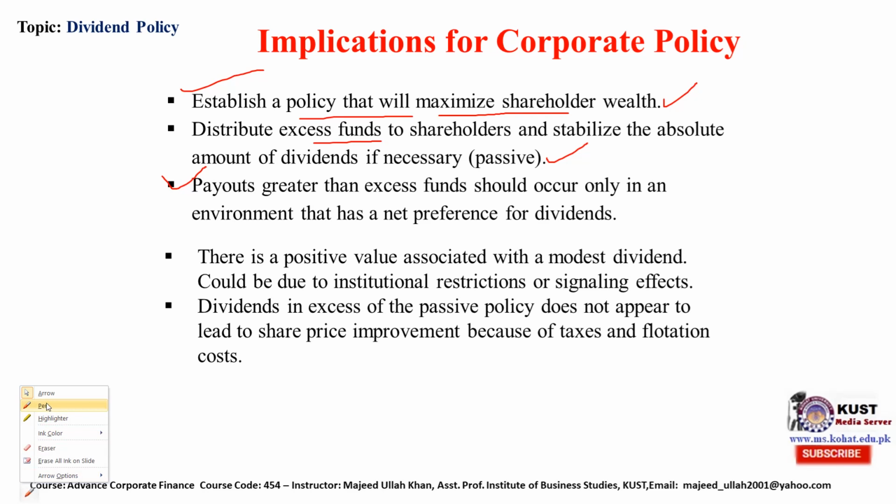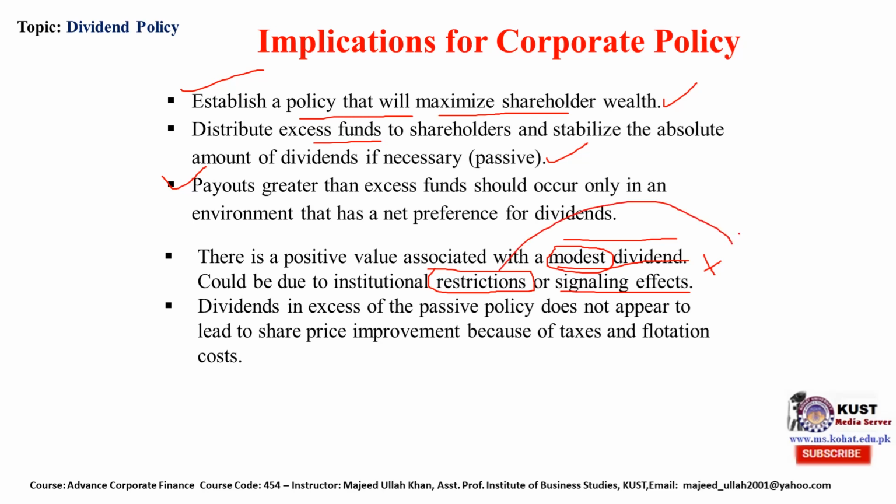Further, there is a positive value associated with modest dividends, meaning higher dividends do not increase value, lower dividends do not increase value, only modest dividends increase the value for the shareholder. This could be due to institutional investors or the signaling effect. It may be that it gives a positive impact, or it may be that there are some institutional restrictions on the companies, so they are not allowed to pay a higher dividend.